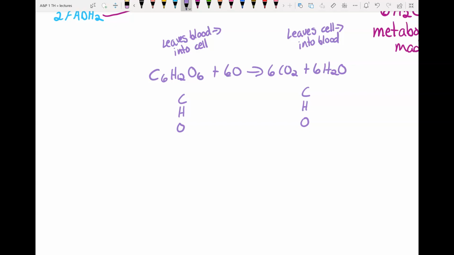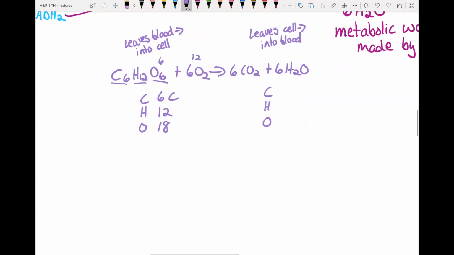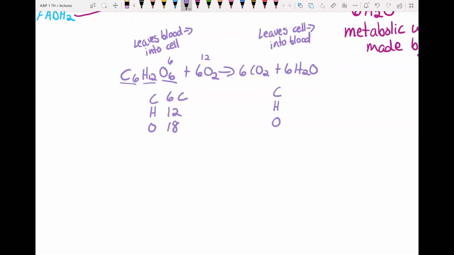So carbon, here we have C6. So that is 6 carbons. Here we have H12. That is 12 hydrogens. Here we have 6 oxygens and another 6 pairs of oxygen. So this is 6. 6 pairs is 12. 6 and 12 is 18. So we have 18 oxygen atoms. Over here, 6 CO2. It's going to be 6 carbons. Here we have 6 waters.